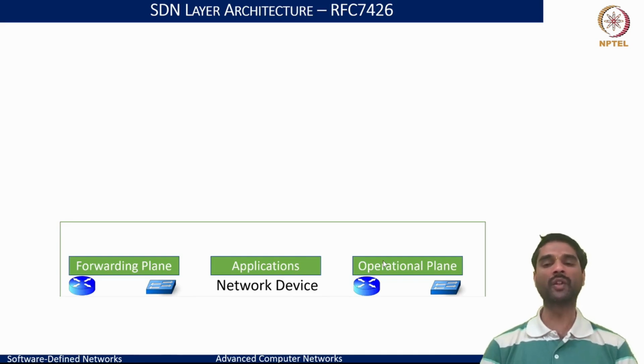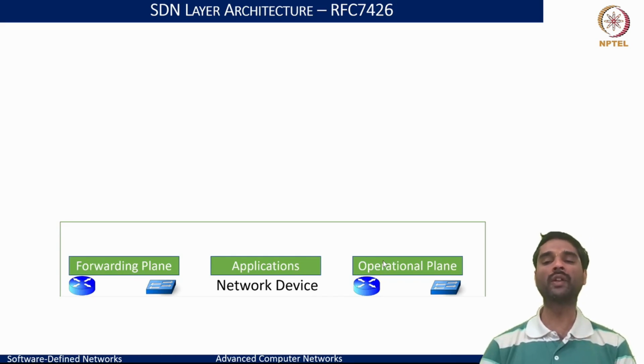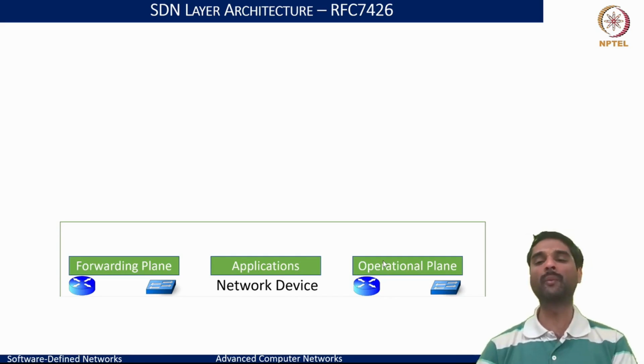And many a times there is an ambiguity between operational and forwarding planes, but we can confine to the understanding that forwarding plane is anything to do with the processing of the packets that the device has to do, and operational plane is with respect to the internal management of the device in itself, be it a physical or a virtual device. Nonetheless, there could be packets that could come for operational plane.